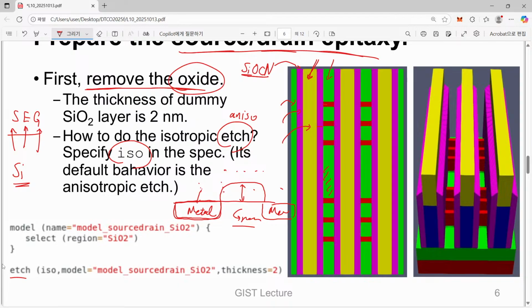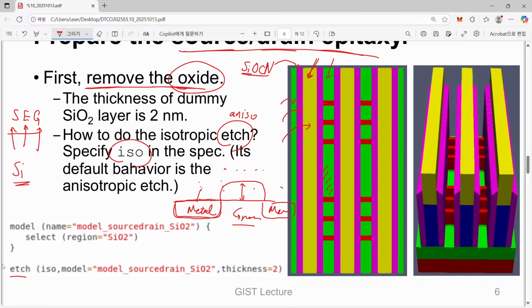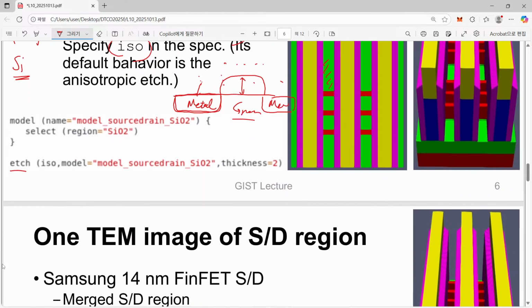One is that we can reduce the number of masks related to this process, which is critically related to manufacturing cost. Another one is that, due to its selectivity, we can even further miniaturize this source drain region. So that is always good. So the selective epigrowth technique is used, and we will talk about this one.